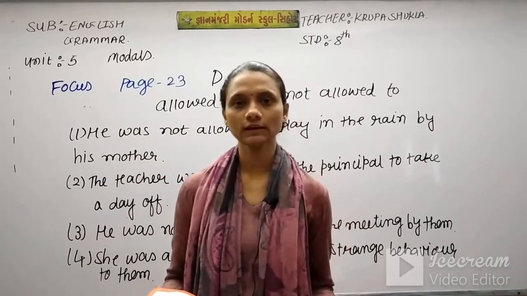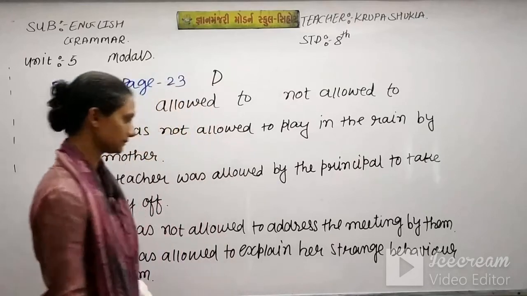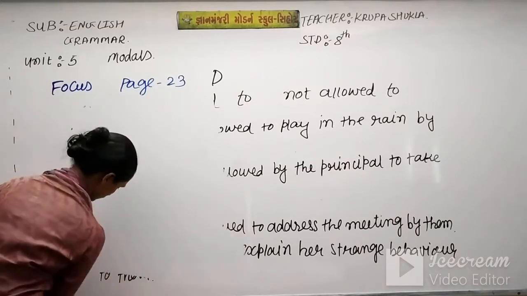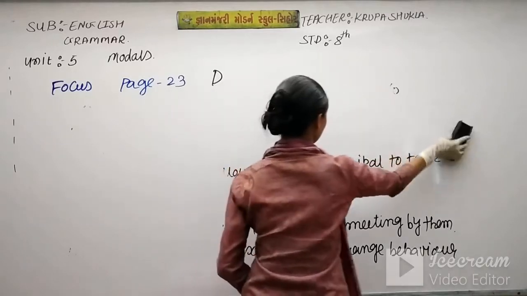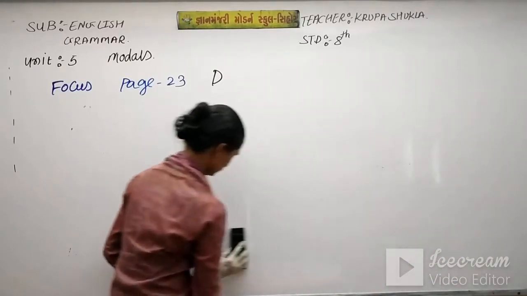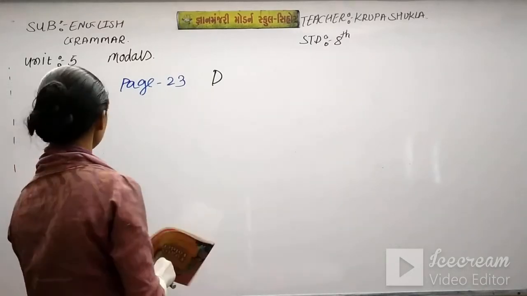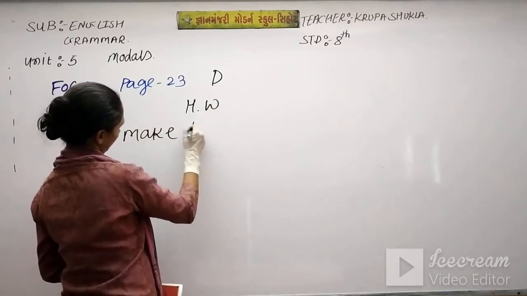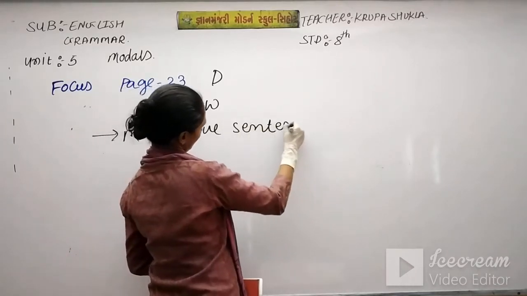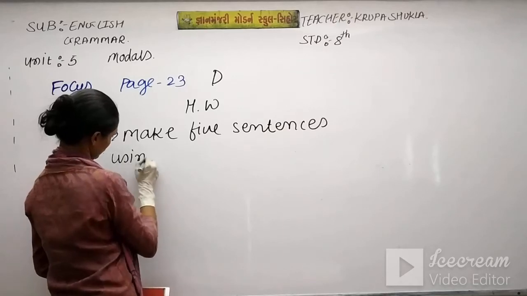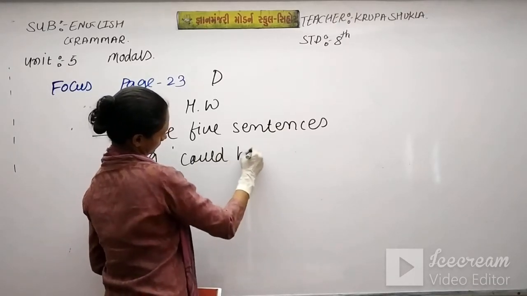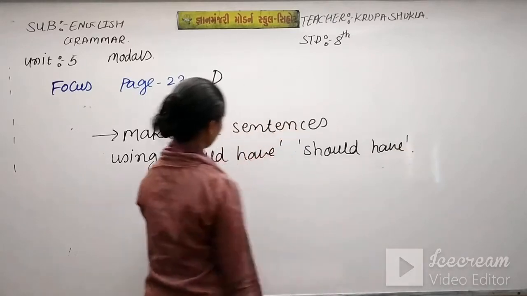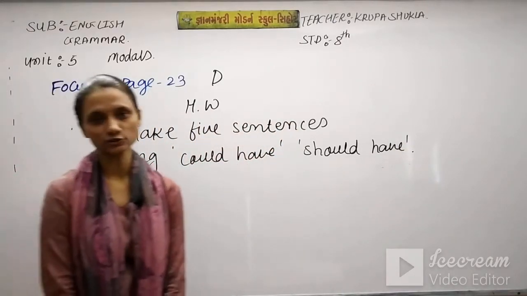Okay students, this is for today. Now it's time to give you homework, and today's homework is: make 5 sentences using would have and should have in your book.